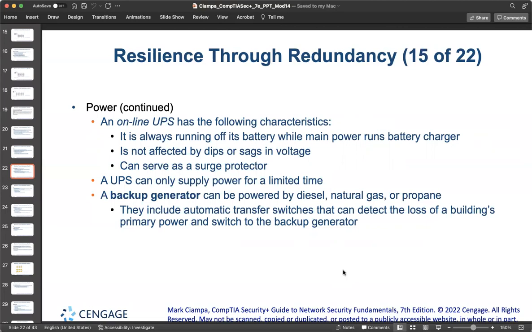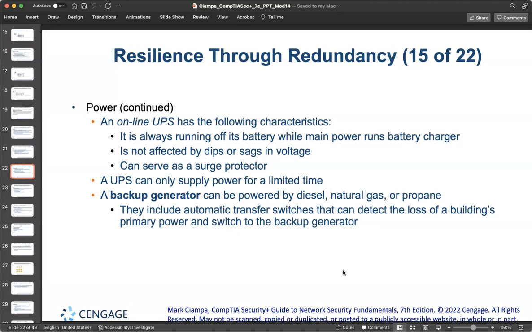So in case of a power failure, you basically don't see any dips or surges in the voltage, because for your device, it is not visible. It's only the UPS that sees that. While in an offline situation, the surge is detectable by the device, right? Also, because of the characteristics of it, in which it is providing the power through the battery at all times, you can use it as a surge protector as well, which adds more resiliency, right?